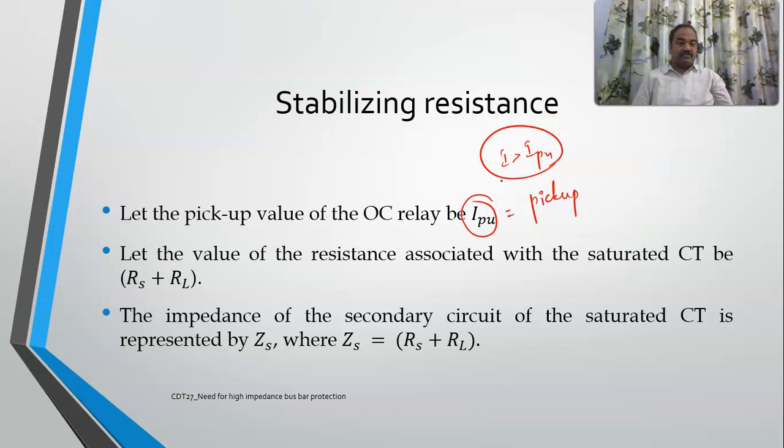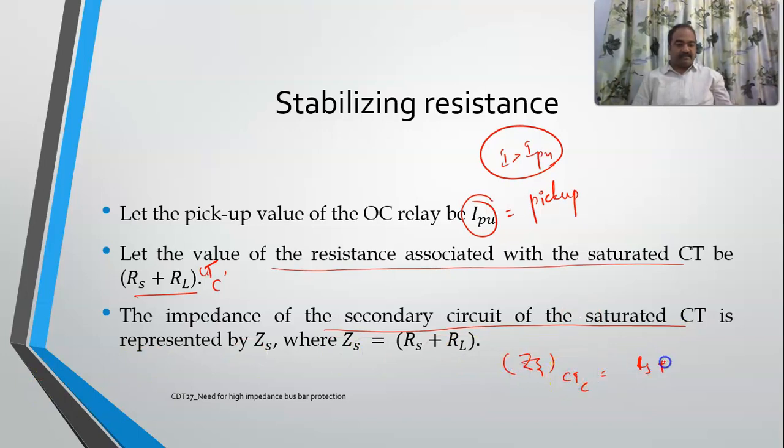And your target is to ensure that this current is less than the pickup value, such that your relay shouldn't operate. So now let the value of resistance associated with the saturated CT, this is of CT number C, right? So this is the CT resistance, and automatically see the impedance of the secondary circuit of the saturated CT. Right. So whatever Z is of CTC is nothing but RS plus RL.